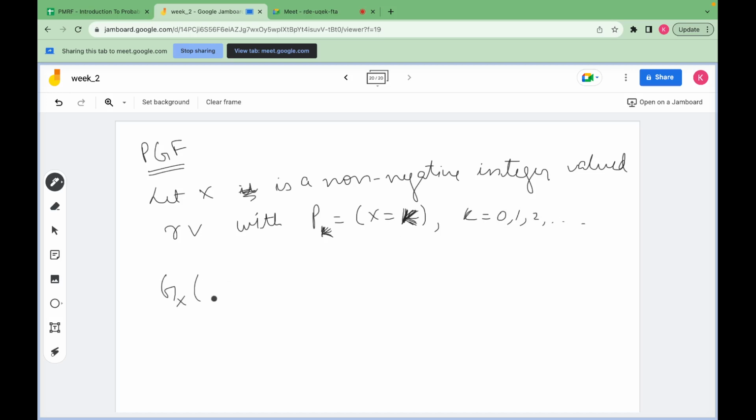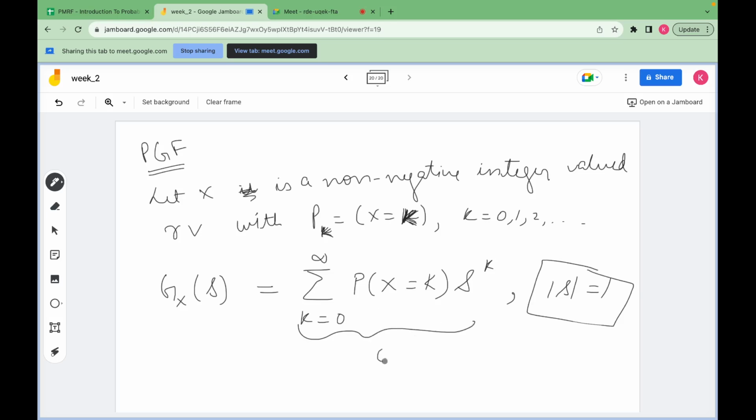Then this probability generating function is given by the notation capital G_X(s), the summation over k from 0 to infinity of probability X equal to k times s to the power k, where mod s is equal to 1. For mod s equal to 1, this quantity will converge. Outside this, we don't know whether it converges or not, but for mod s equal to 1, this value will converge. So we will get some value for this generating function.